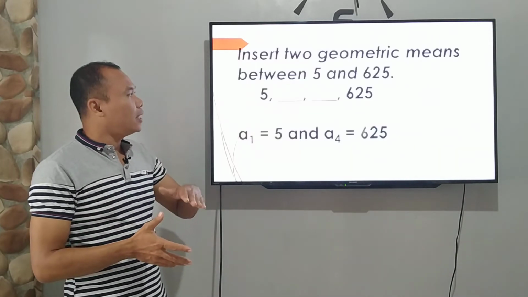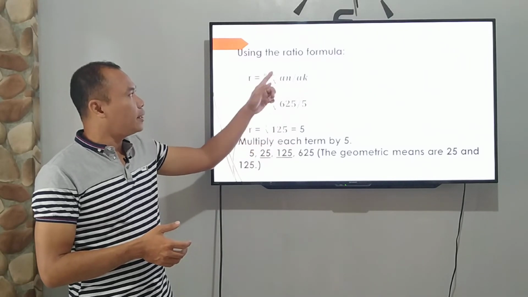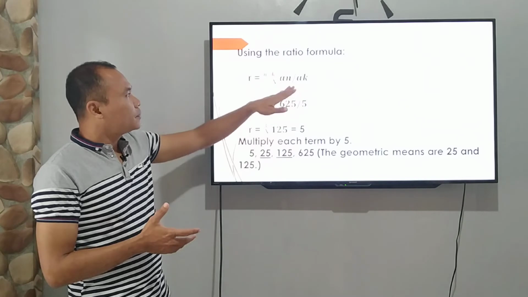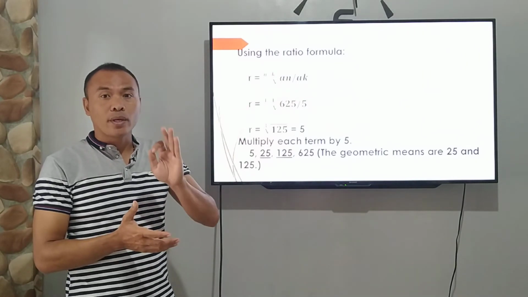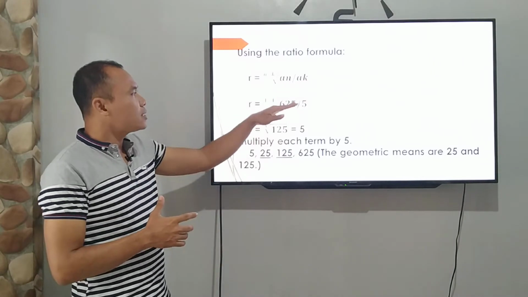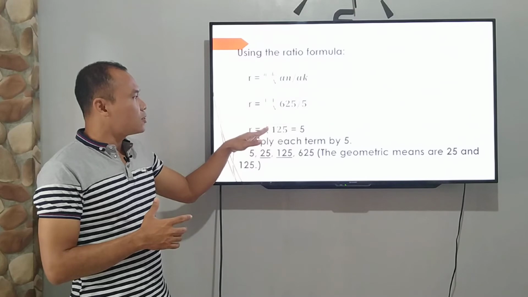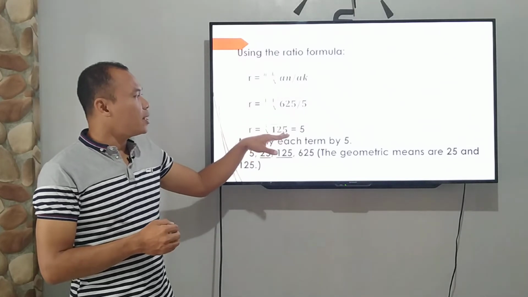So, substitute natin yung ating n, which is 4 to the formula. That is 4 minus 1. The k is 1. A sub n is 625. And our first term is 5. You first subtract, that is 3. Divide. The quotient is 125.